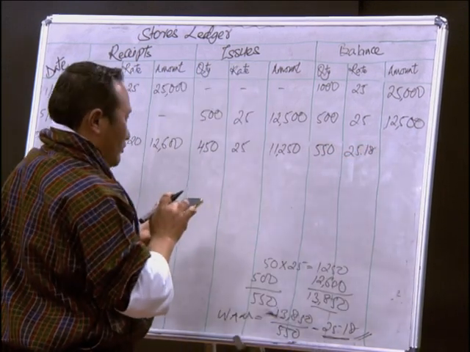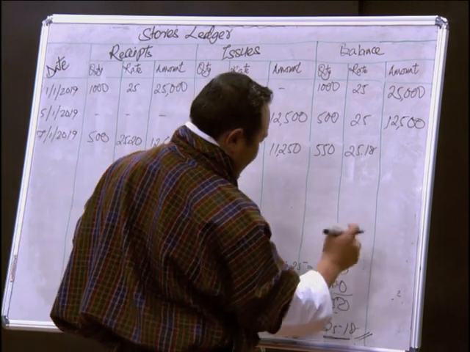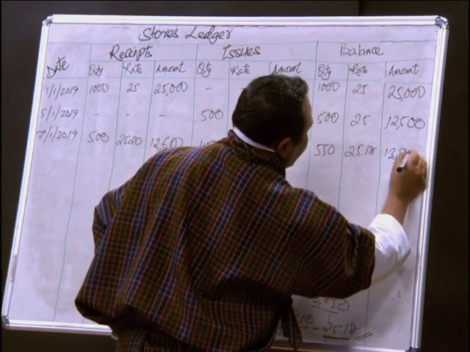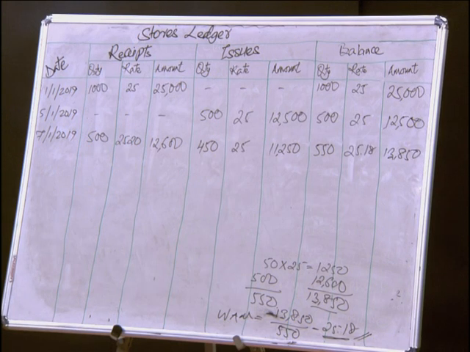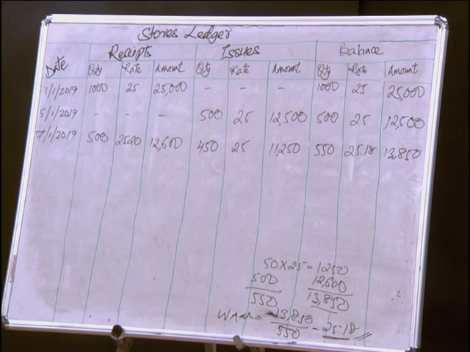So 25.18 times 550, we already got 13,850. This is how we calculate the issue rate using the weighted average method. So this is what we have for date 7.